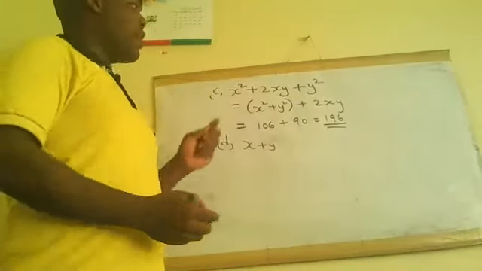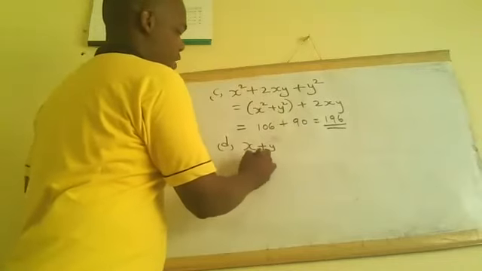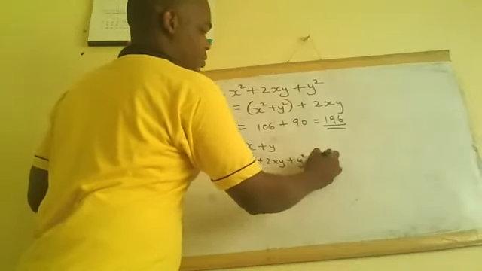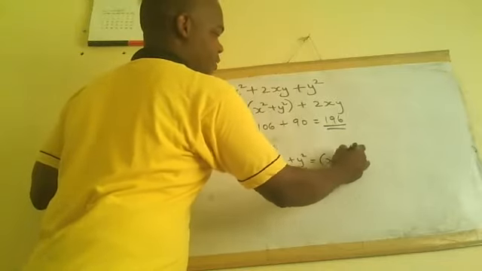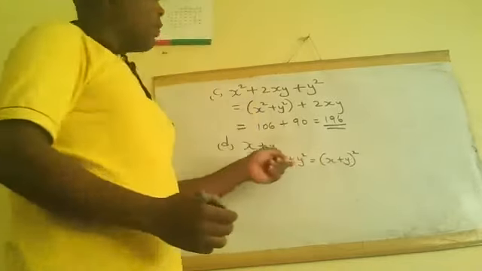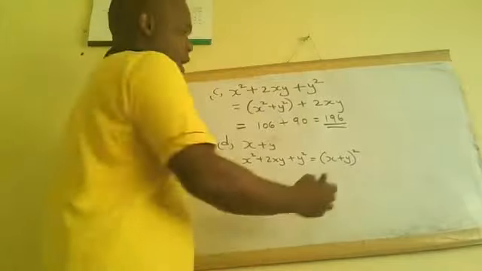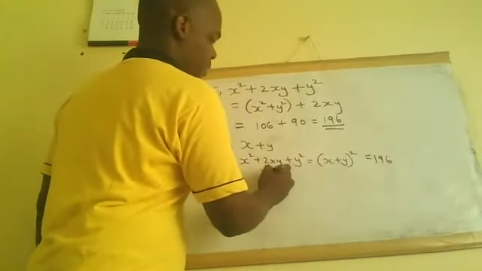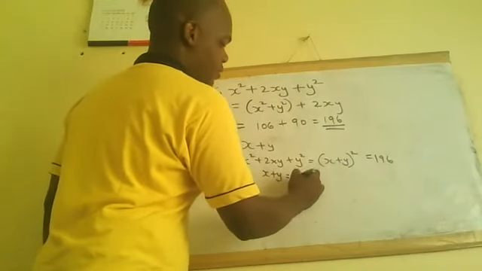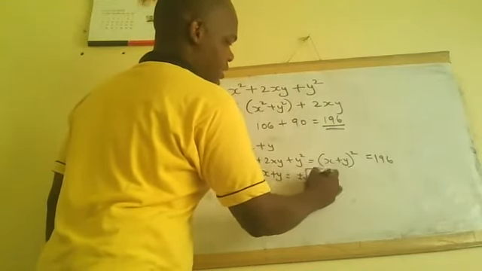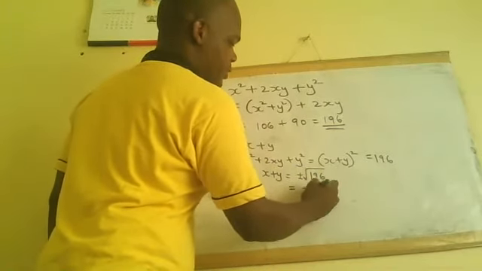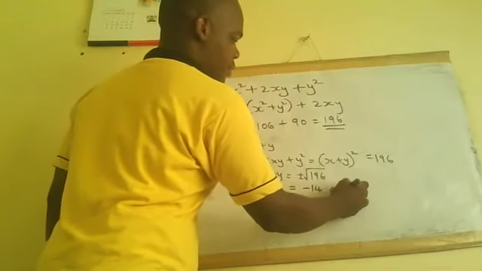So from up here, you should know that x squared plus 2xy plus y squared is actually x plus y squared, according to the quadratic identity. And because this one is equal to 196, then x plus y will be plus or minus the square root of 196, which is negative 14 or 14.